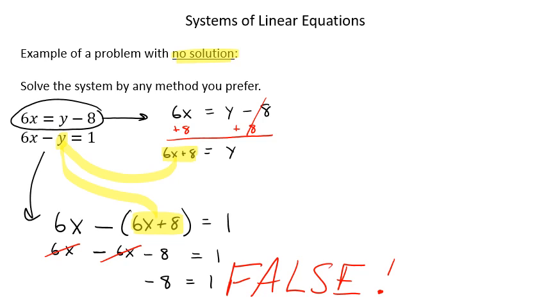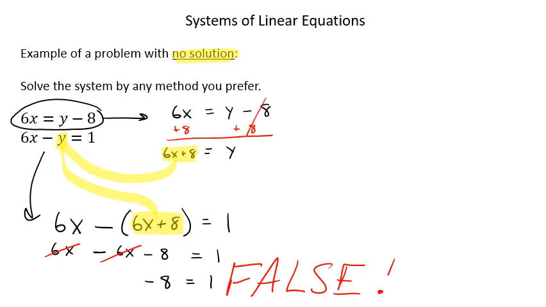Eventually, if you take a course where you're doing what's called modular arithmetic, then sometimes negative 8 does equal 1. But in our everyday number system, negative 8 is not 1. Negative 8 is negative 8. 1 is 1. They're two different numbers. So if you put an equal sign between them, that is a false statement no matter what.